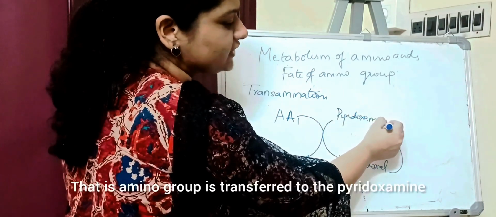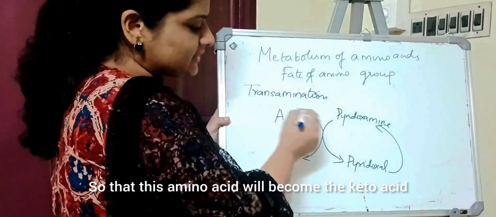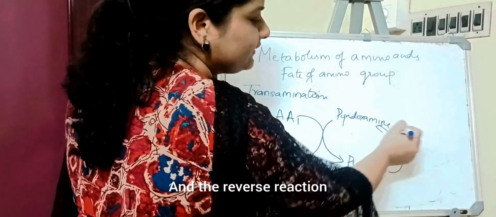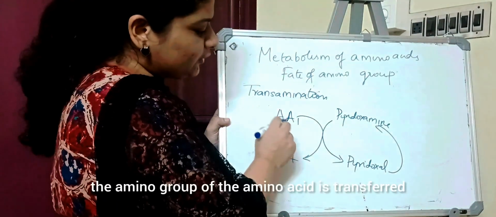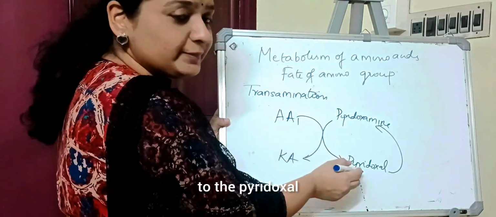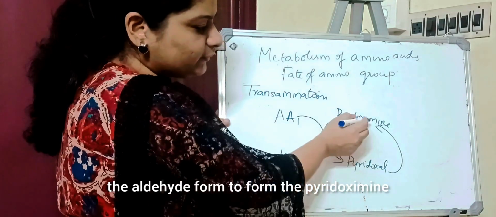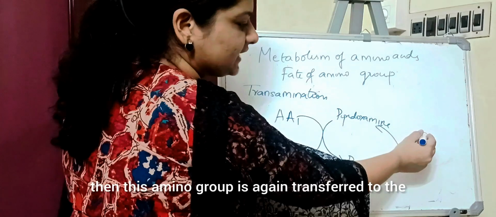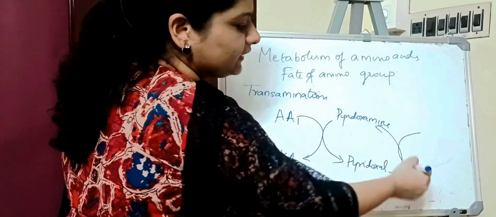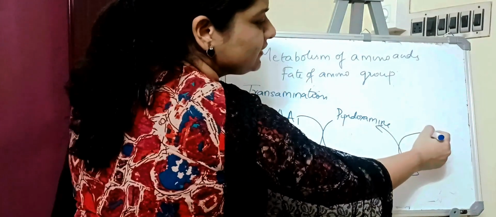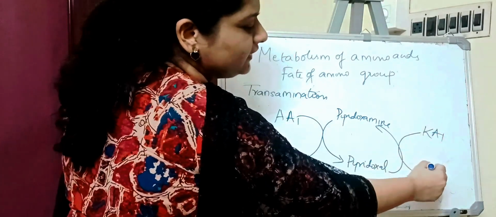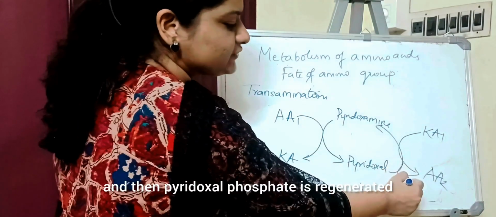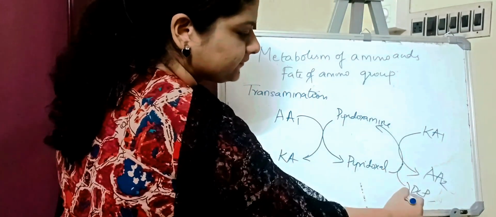That is, the amino group is transferred to form pyridoxamine, so that this amino acid becomes the keto acid. In the first step, the amino group of the amino acid is transferred to the pyridoxal, the aldehyde form, to form pyridoxamine. Then this amino group is again transferred to the keto acid to form the second amino acid, and then pyridoxal phosphate is regenerated.